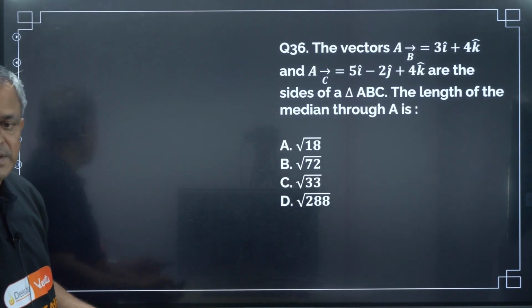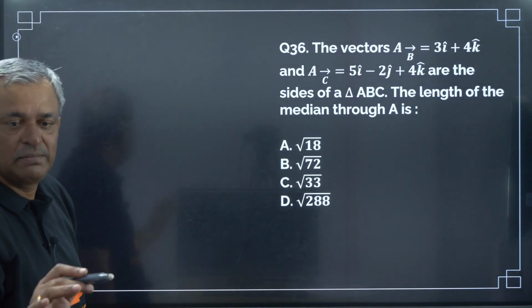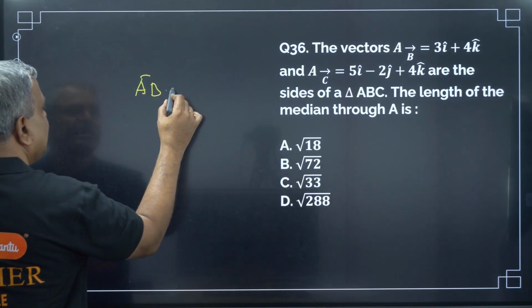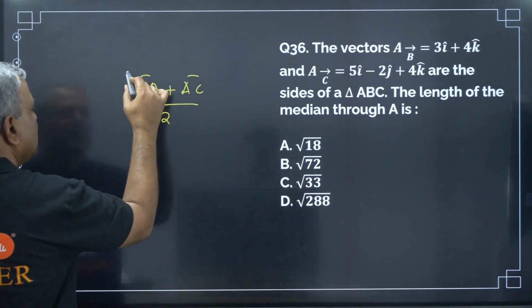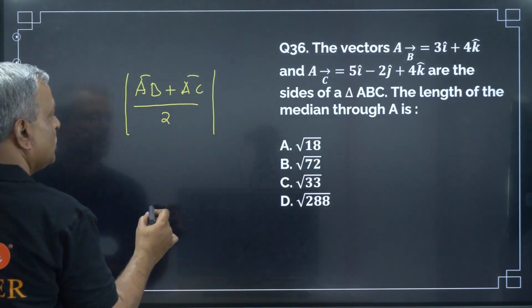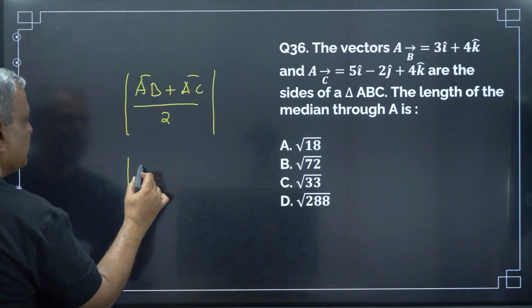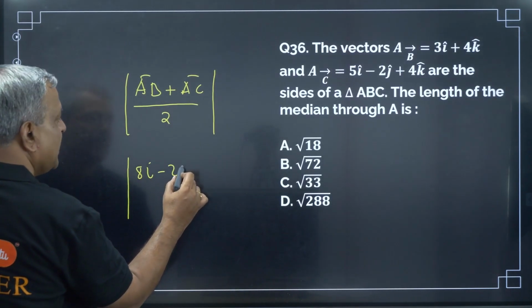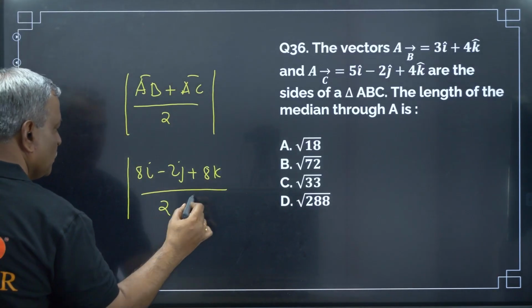36. AB is given. You must know the formula. If you don't know the formula, zero. So what is the formula of median? AB vector plus AC vector by 2, then the modulus. Okay. So what happens? AB plus AC vector, you get 3 plus 8i minus 2j plus 8k divided by 2.